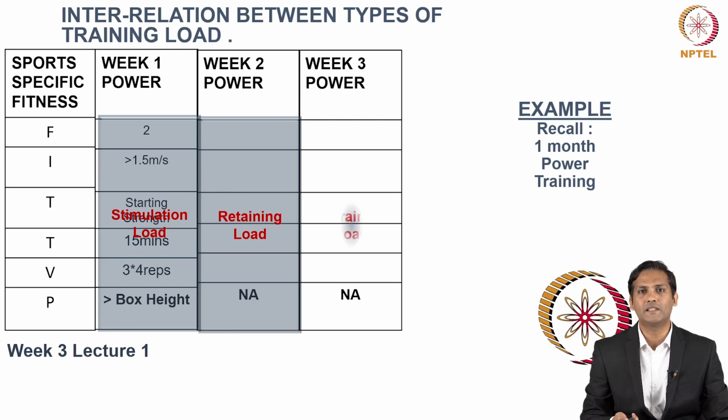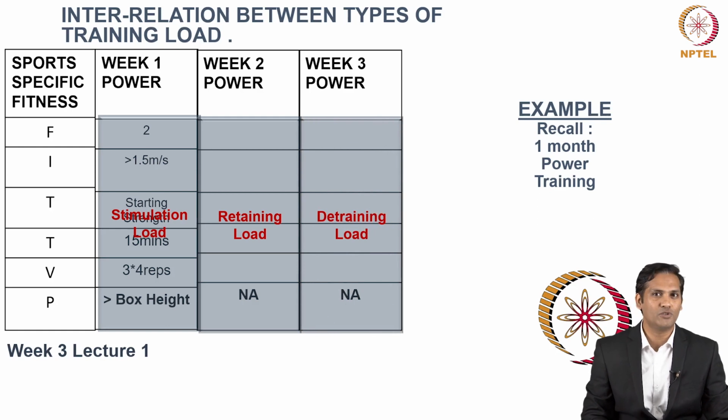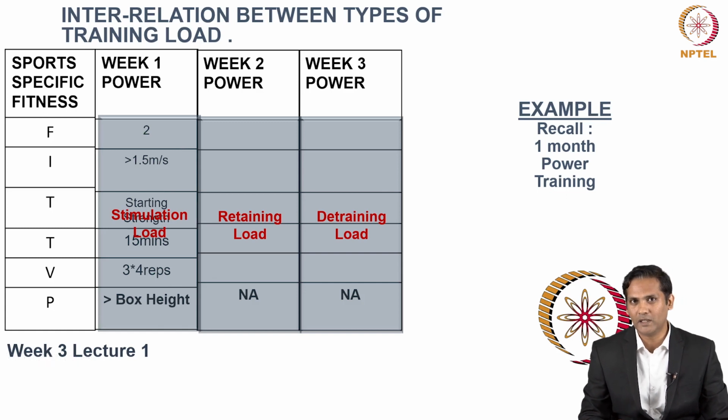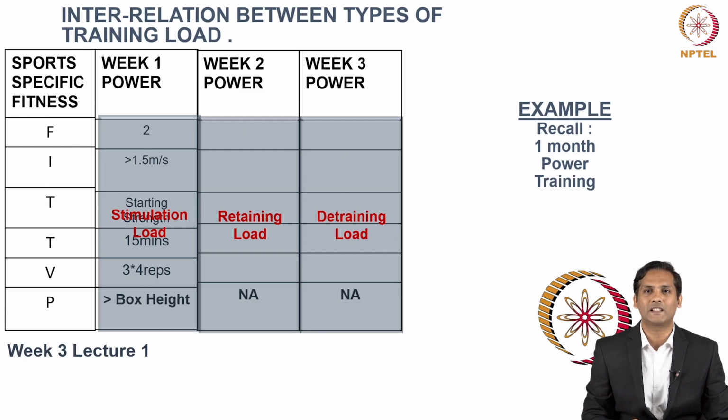If you continue doing the same in week 3, the same retaining load will now become a detraining load. So whatever adaptation you have achieved through the first week of training to improve your power, by the end of the 3rd week, you would lose all that adaptation just because you have not selected an appropriate stimulation load.